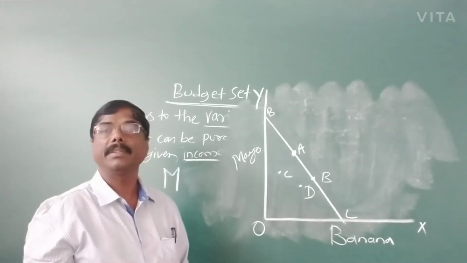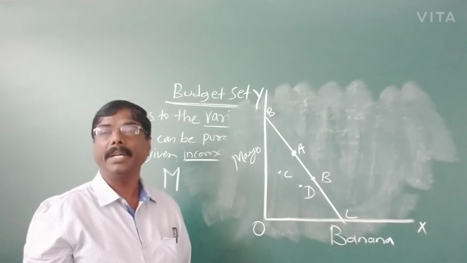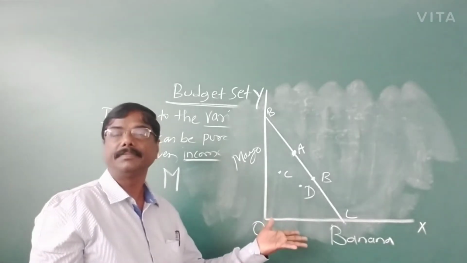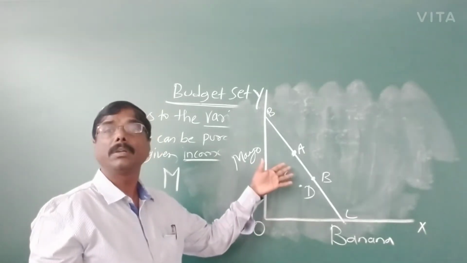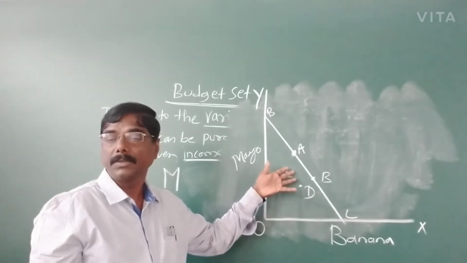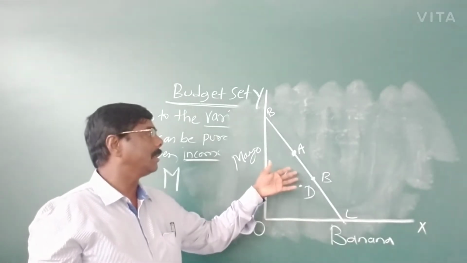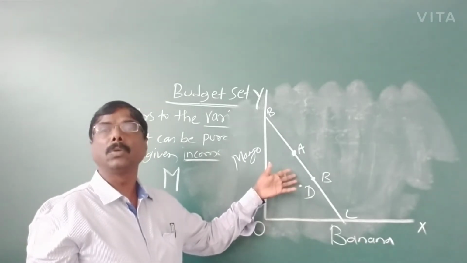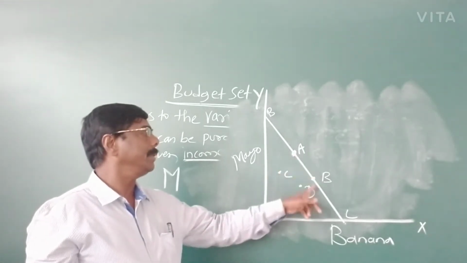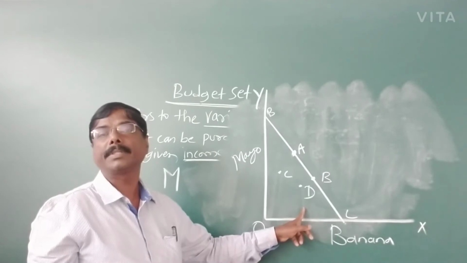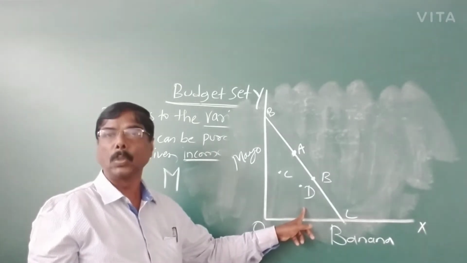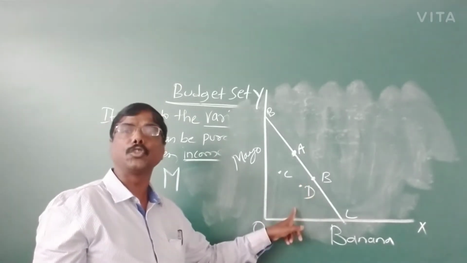He may buy any combination. These are various bundles of two goods A, B, C, D available to the consumer.